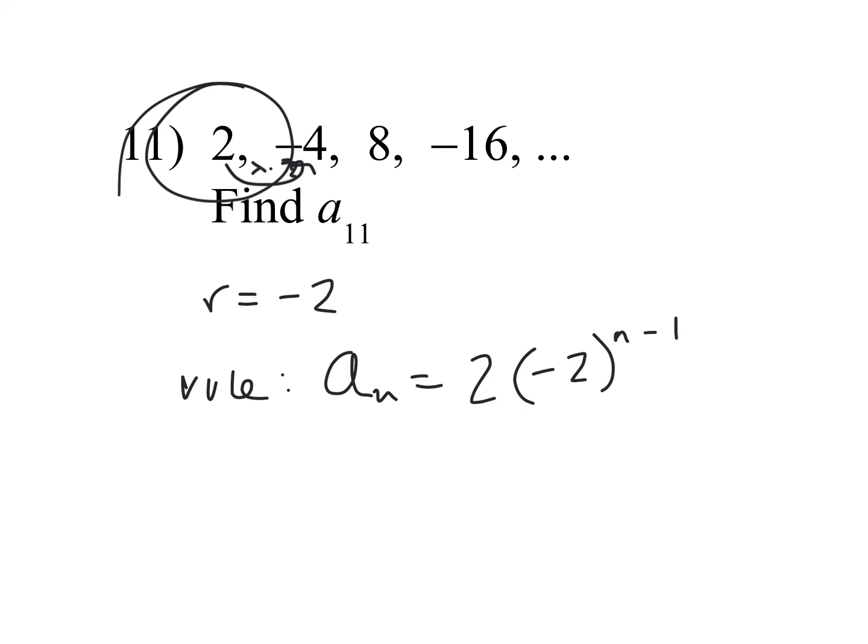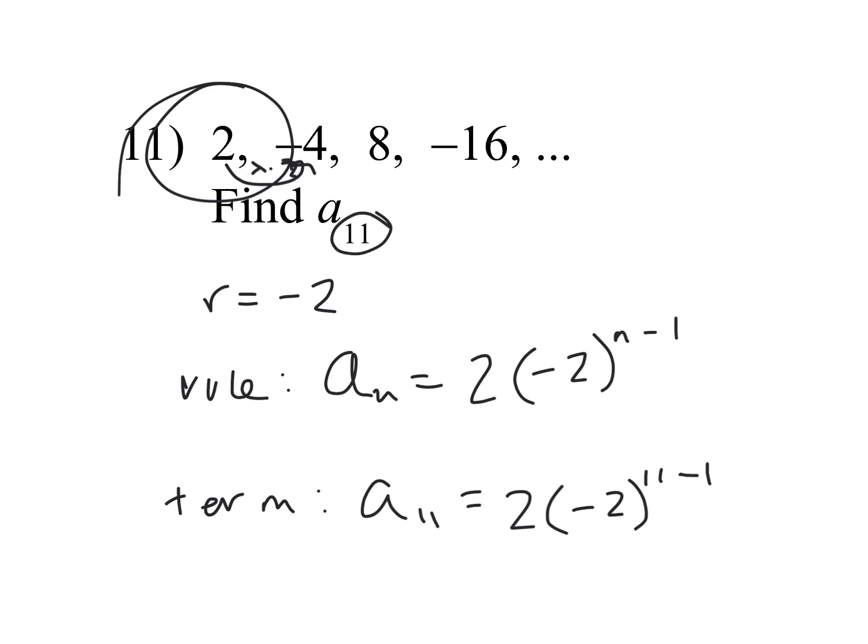And then next we have to find our term. So that would be a sub 11 is what we need to plug in. So 2 times negative 2 to the power of 11 minus 1. So just remember, you got to follow your order of operations. We have 11 minus 1, which is 10.